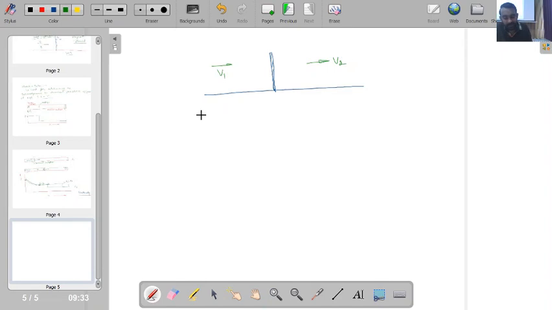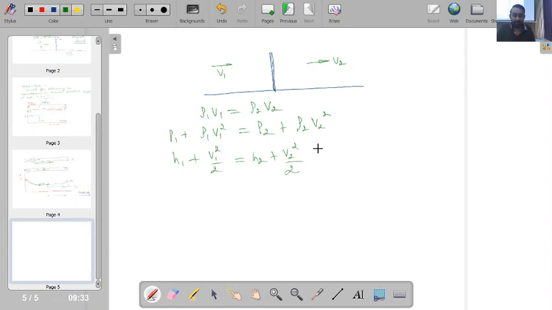Typically your continuity equation was rho1 v1 equal to rho2 v2, then p1 plus rho1 v1 square equal to p2 plus rho2 v2 square, and the energy equation was h1 plus v1 square by 2 equal to h2 plus v2 square by 2. So these were the governing equations, and all the relations, normal shock relations and oblique shock relations, we have obtained using these governing equations only.